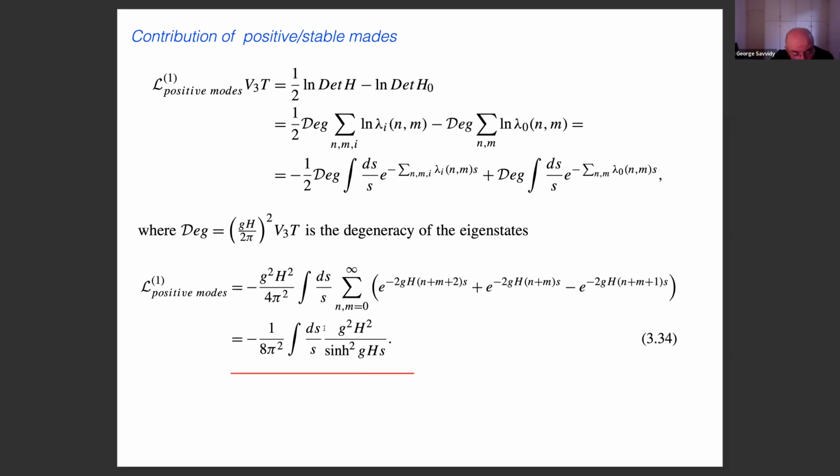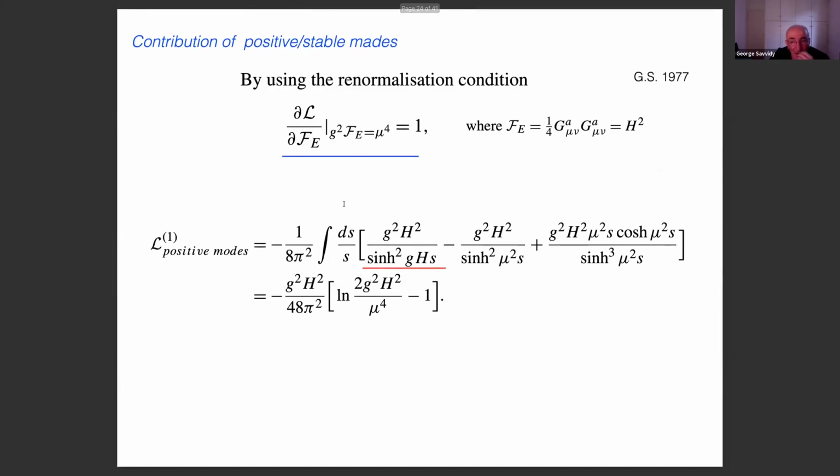You see, this integral ds over s is beautiful because at small s, it defines the ultraviolet divergence, and at s equal to infinity, it's infrared. So to calculate the effective Lagrangian, one should find a way to regularize this integral in both limits, in ultraviolet and infrared.